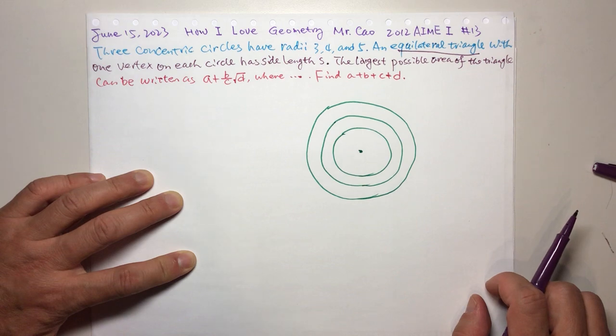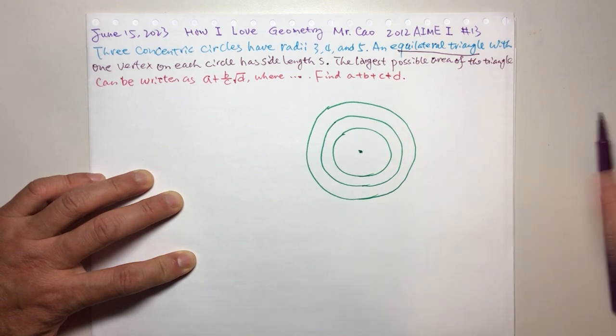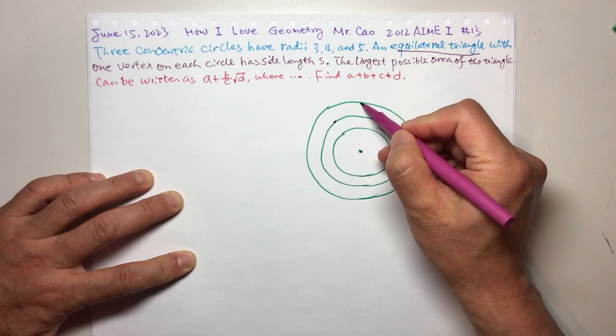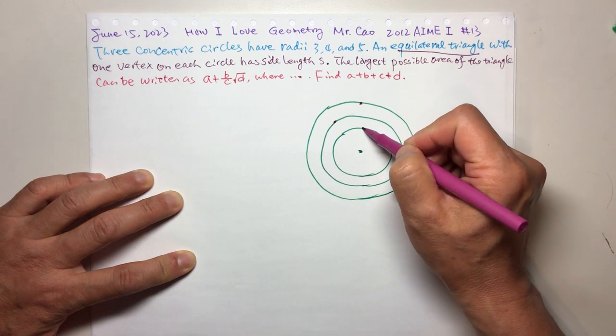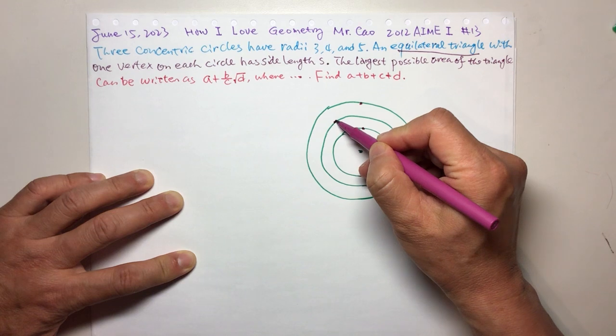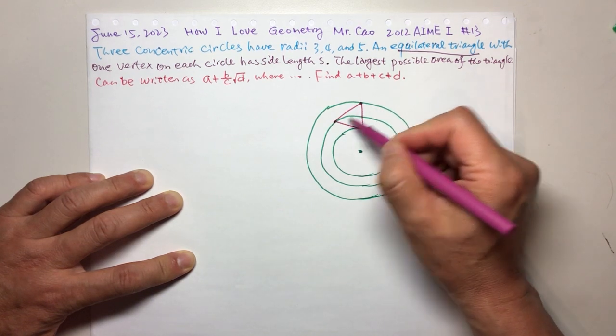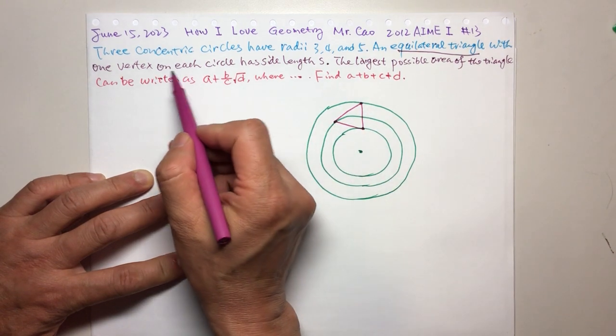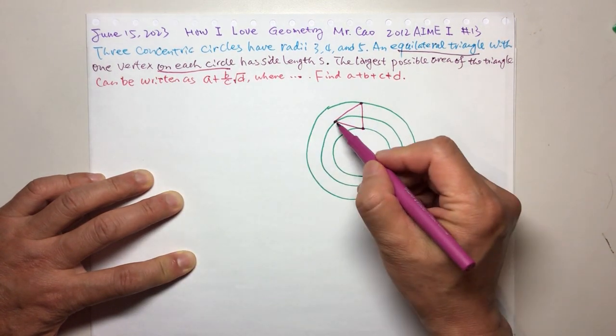So how many cases? One case it will be like this way, right? Three vertices, one on each circle.